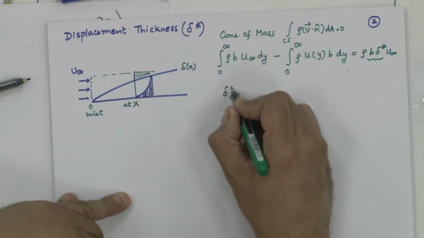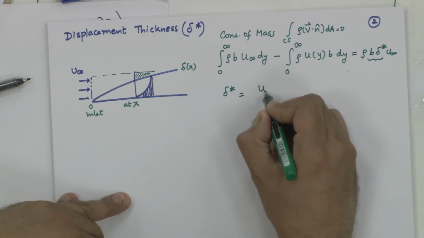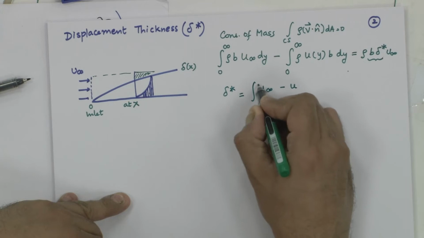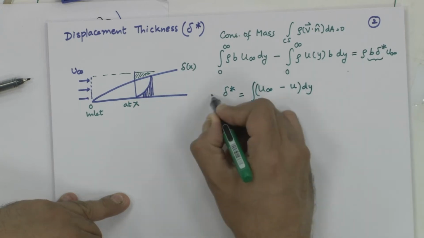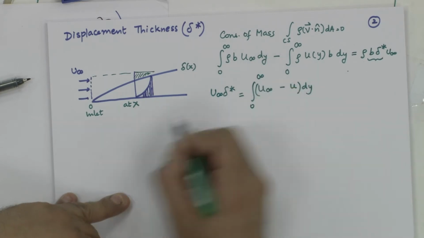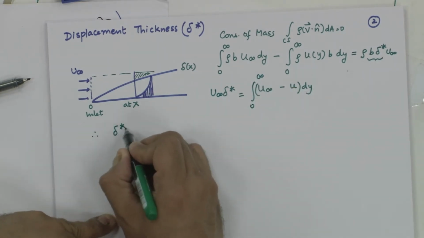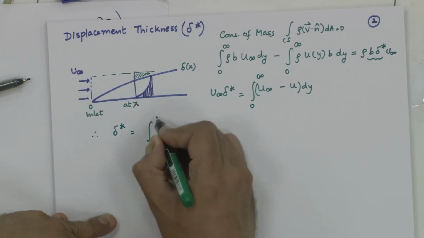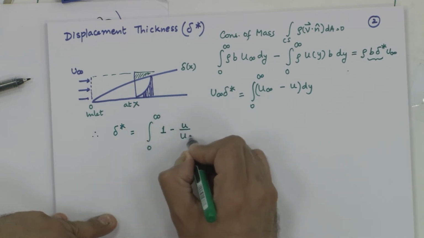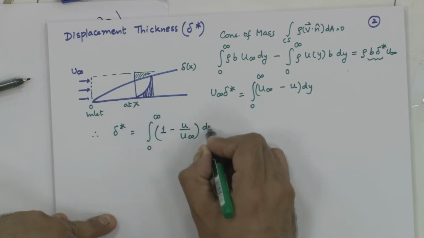I am left with delta star is equal to integral of u infinity minus u, dy, with u infinity, from 0 to infinity. Therefore, delta star by definition is integral 0 to infinity of 1 minus u by u infinity dy.